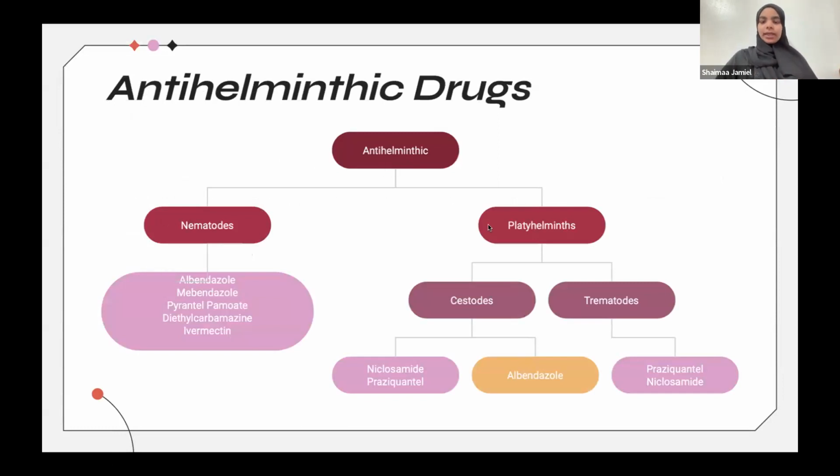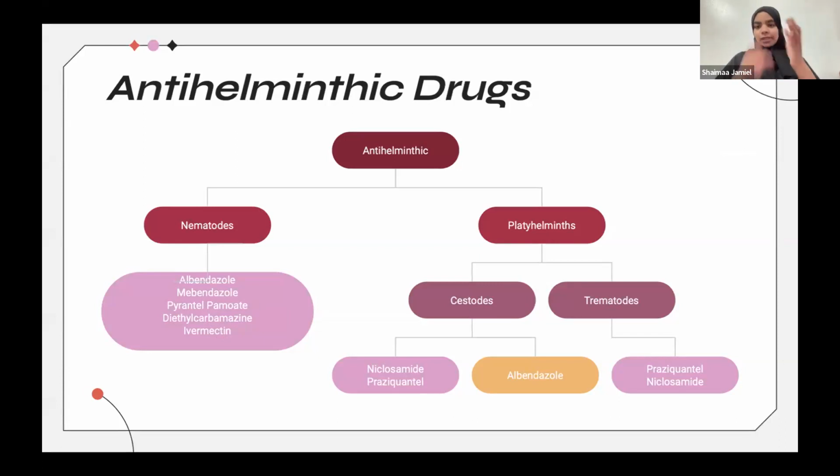We have nematodes and the platyhelminths, which are the flatworms. For nematodes or roundworms, these are the drugs that are used: albendazole, mebendazole, which is from the same class, pyrantel pamoate, diethylcarbamazine, and ivermectin. For platyhelminths, they're divided into 2 parts, cestodes and trematodes.